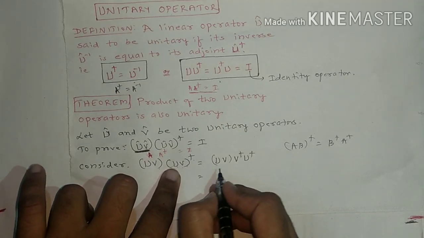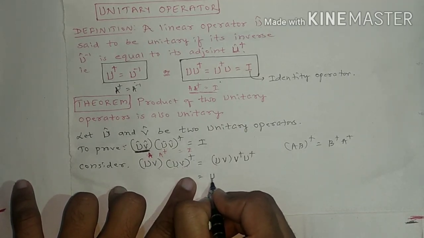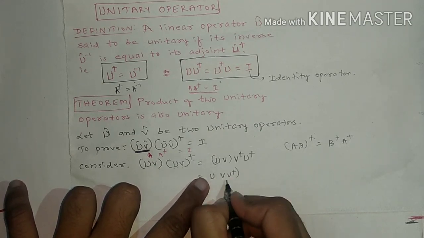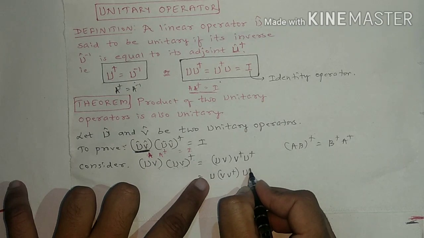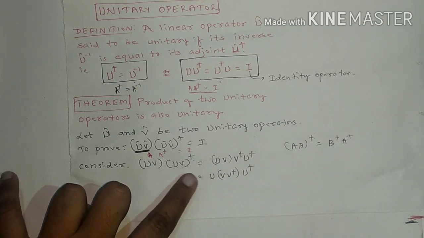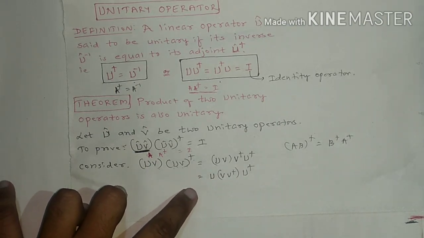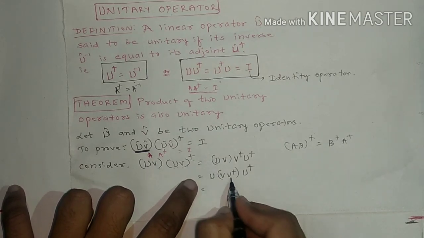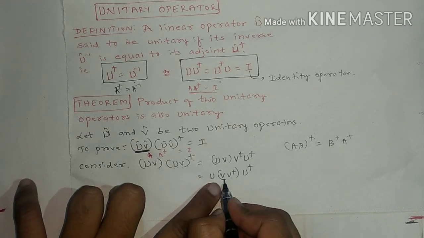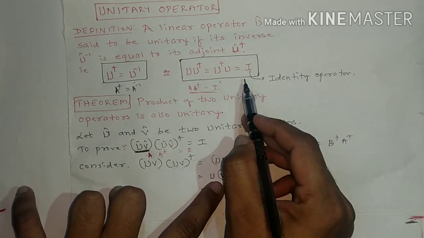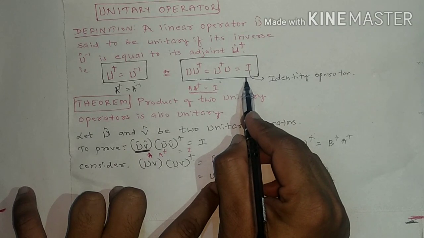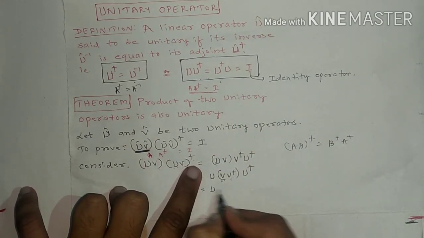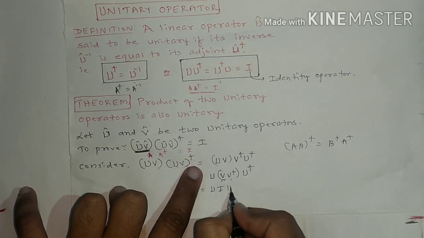Now we can group it like this: U outside, then V and V dagger, and then U dagger. What is V into V dagger? Because V is a unitary operator, it follows this condition, so V into V dagger will be I. So we get U into I into U dagger.